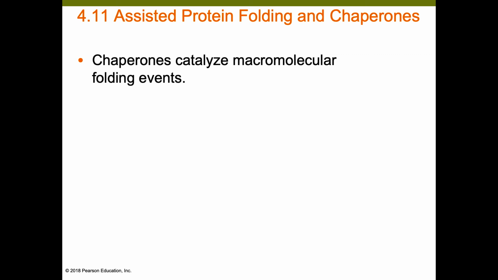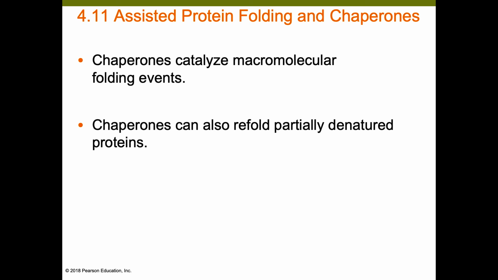So in order to do that, we have a class of proteins called chaperones. What chaperones do is they ensure that proteins fold appropriately as they are being generated, or right after they are generated.